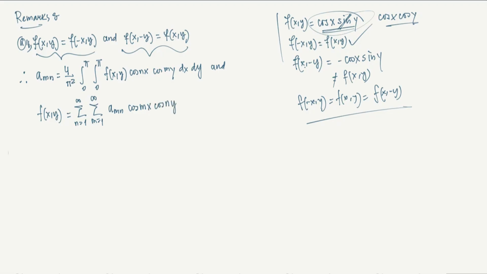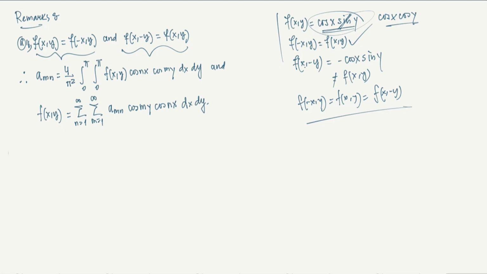Again, I made a mistake, sorry. As I told you, you have to be very careful here. Cosine nx, and cosine my, dx and dy. Is it okay? So that's your f of xy, where amn is given by this.